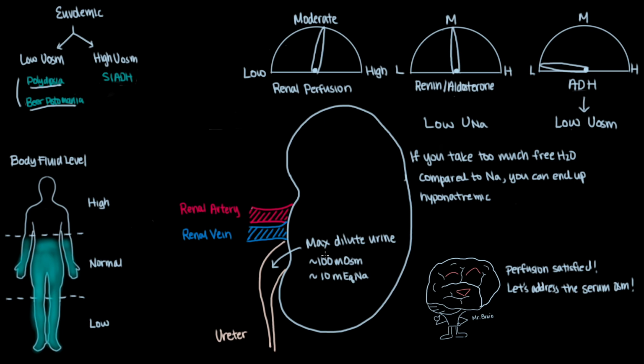You overwhelm the kidneys by taking a larger water to sodium ratio than the most maximally dilute urine that our kidneys can produce. And our urine sodium in this case is low because your body is struggling to hold on to sodium and only allowing the bare minimum amount out to get the excess water out. Urine osmolarity is low because ADH is completely off and not concentrating the urine at all.